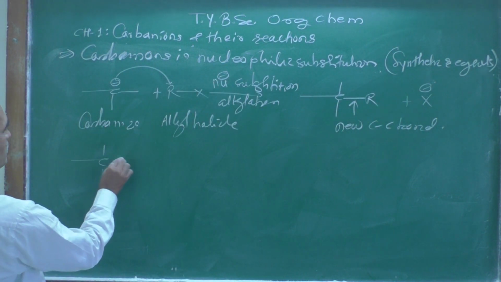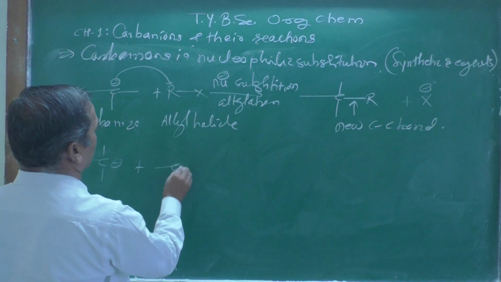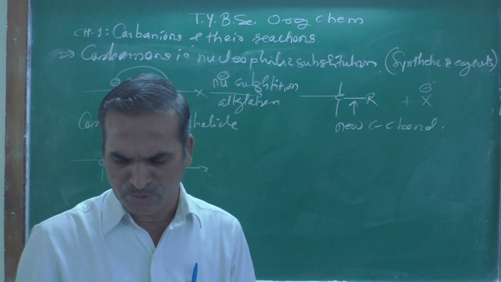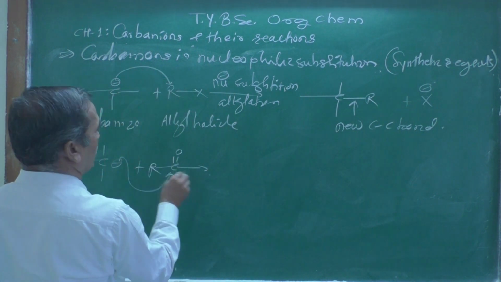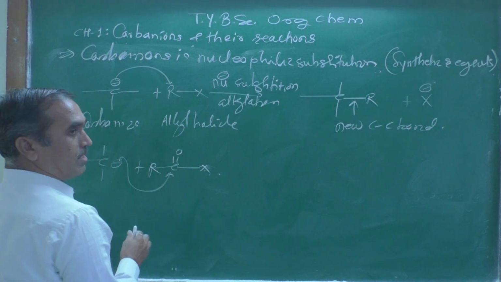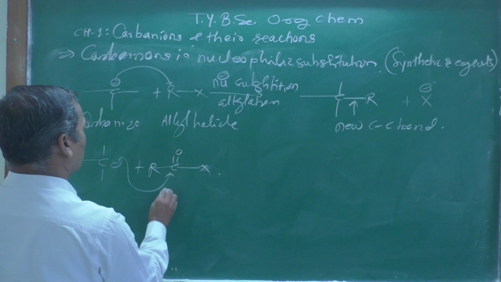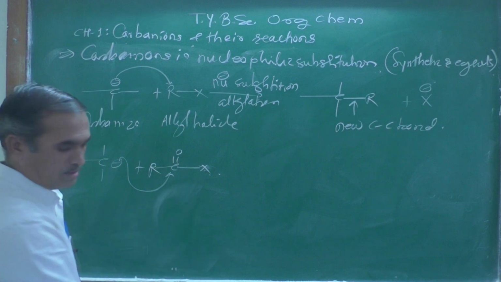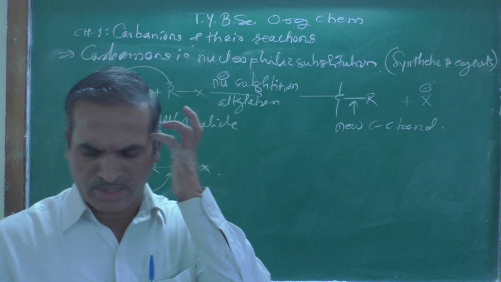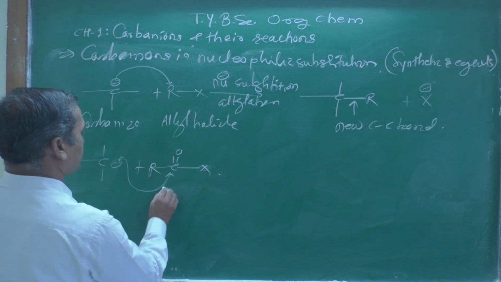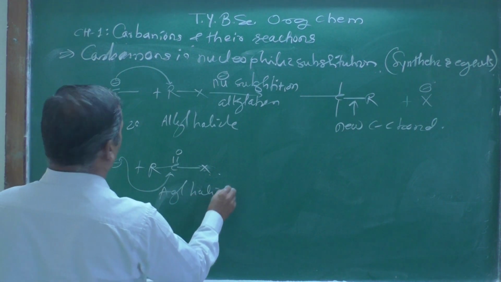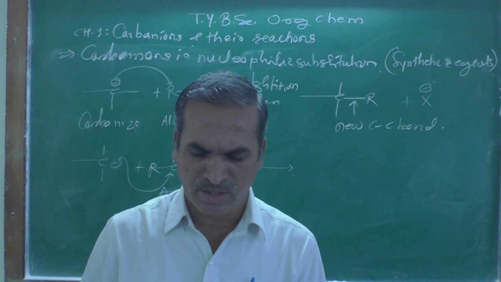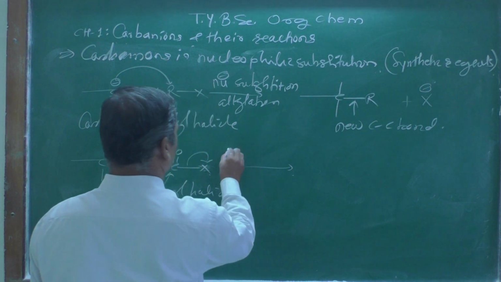So here, this carbanion can also attack the carbonyl group, C double bond O, like this one. Suppose we have R then X. This is an acyl halide, not alkyl halide, the compound is known as an acyl halide, and therefore the halide is going to be removed, and this type of reaction is known as nucleophilic substitution acylation.